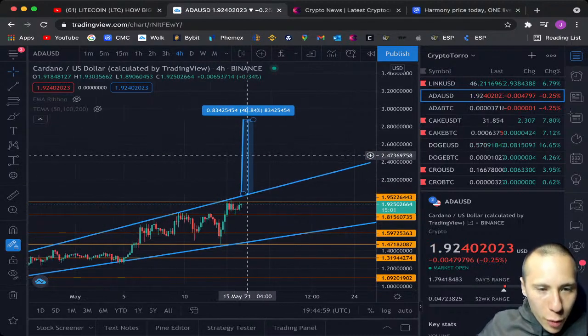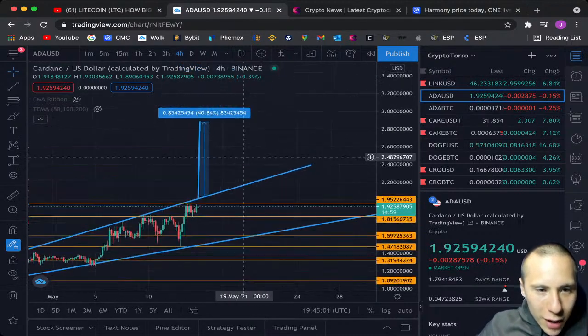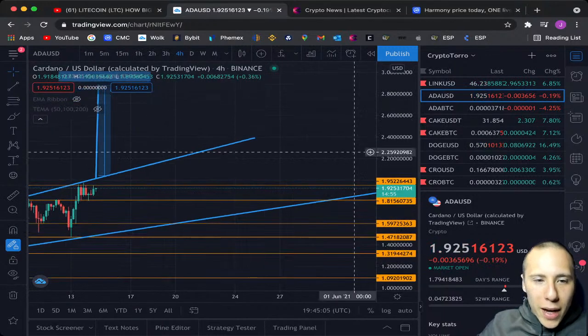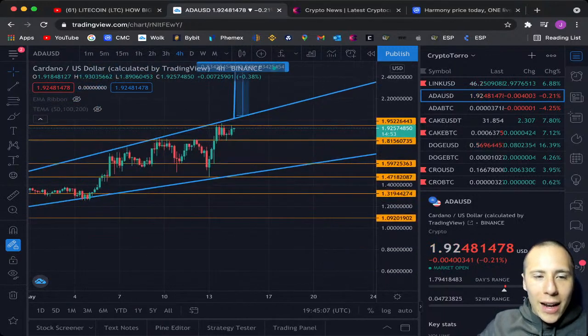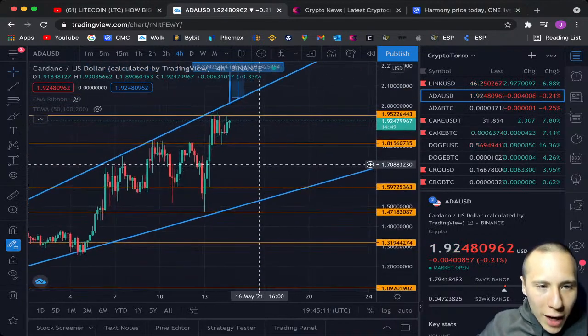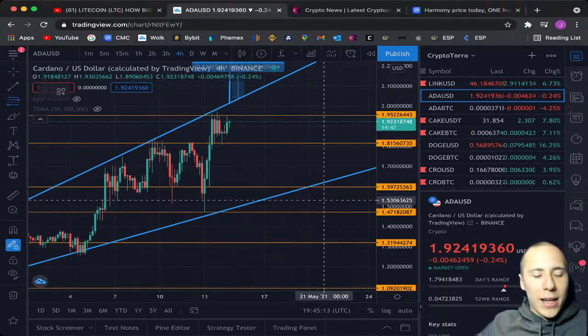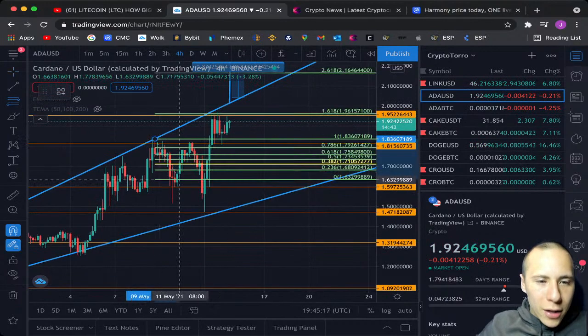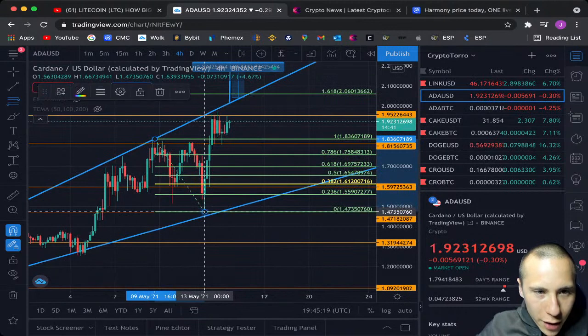And what I will be placing as well right now is just a few extension levels to take a look at. How I will be placing this, I will be zooming in a little bit further into this accumulation phase right over here, and I will be placing the Fibonacci levels from this swing high towards the swing low over here.